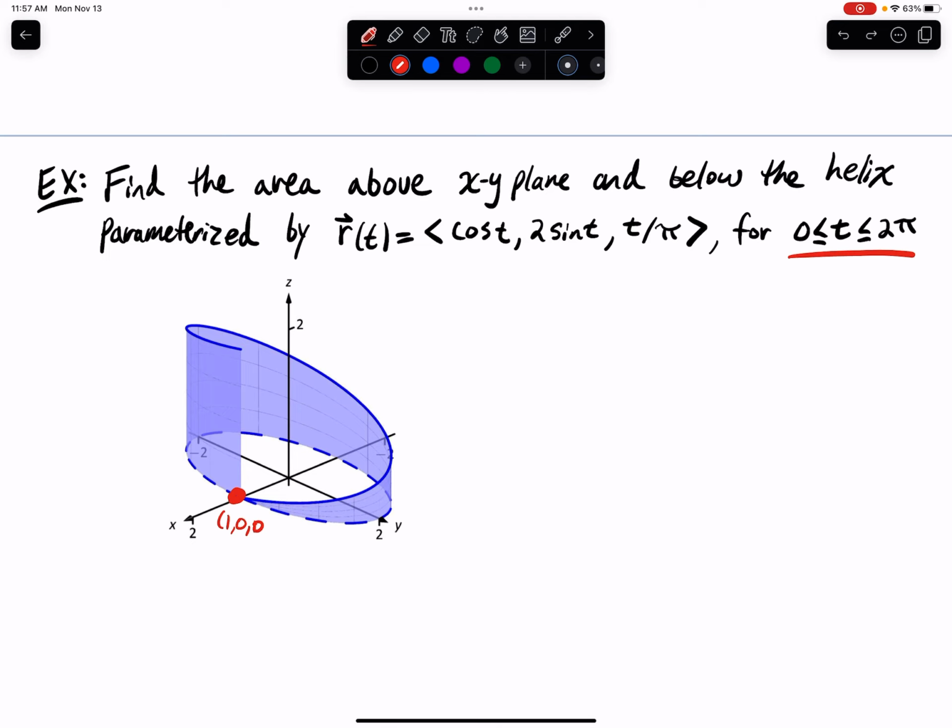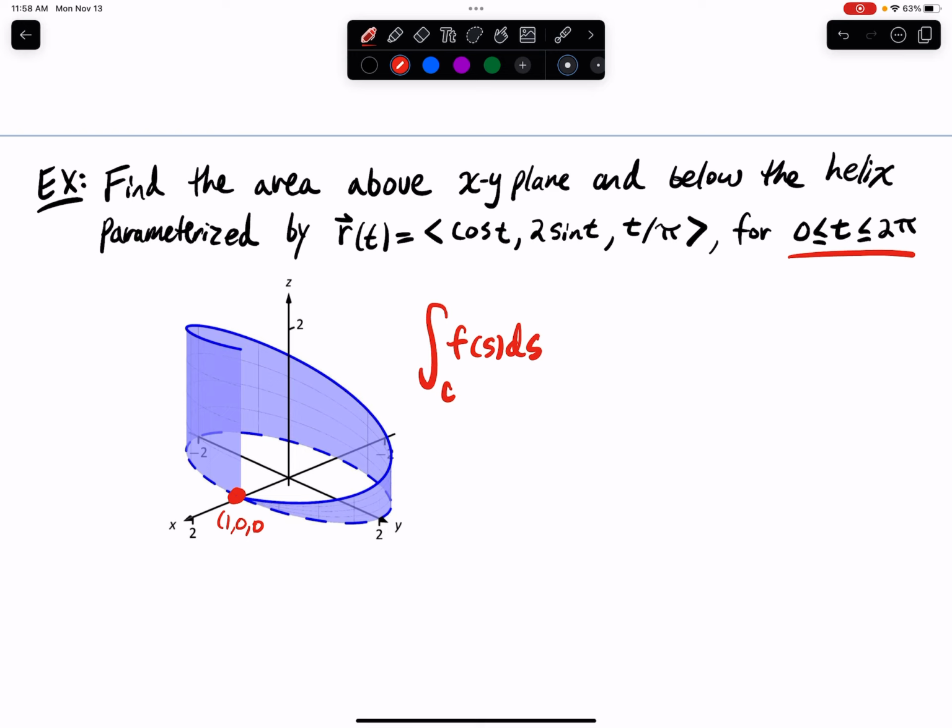Pretty cool. So I want to find the area above the xy plane and below the helix. That's literally the line integral over the curve C of f of s ds, where s is the arc length parameter. But the trick here is the height is not given by the surface, but the curve itself.